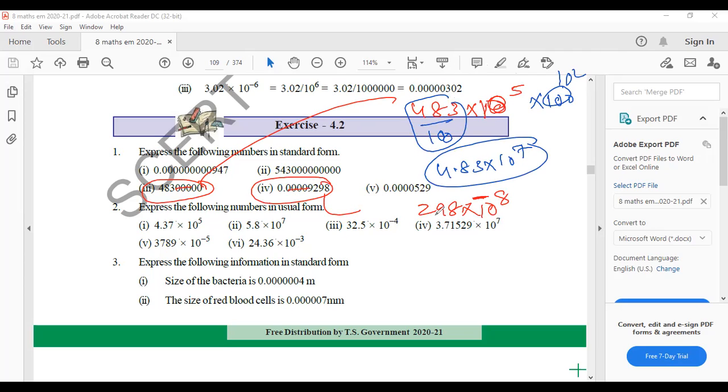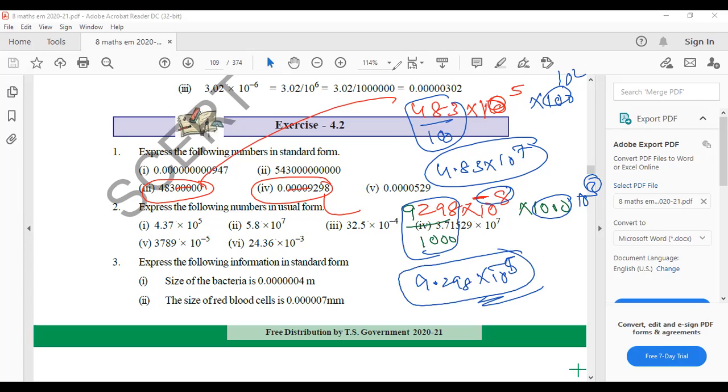But you want the point after the first digit, so that is 3 digits after, dividing by 1000 and multiplying by 1000. Automatically you can write 9.298, which becomes 10 power 3. 10 power minus 8 times 10 power 3 becomes 10 power minus 5. Clear?